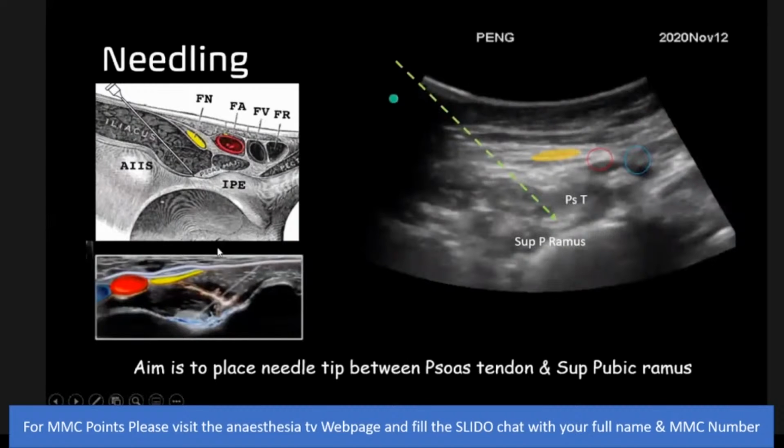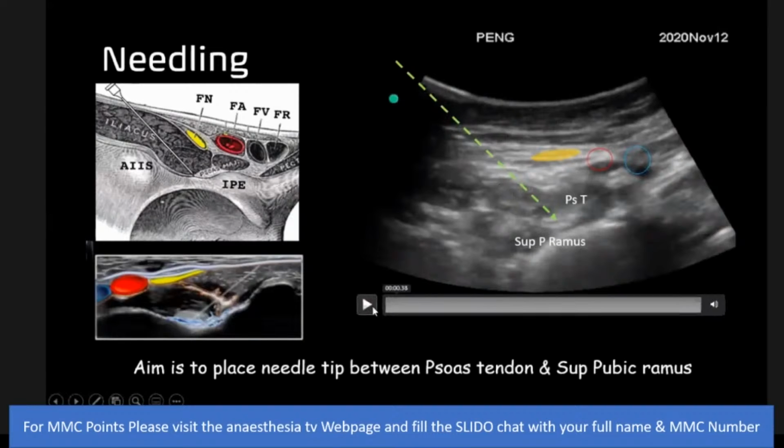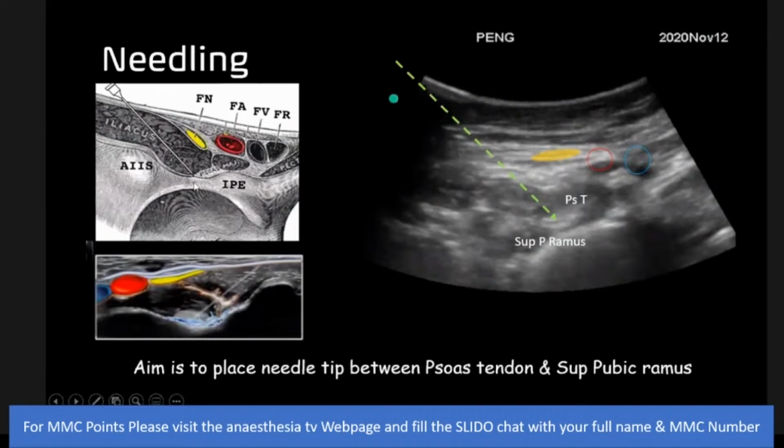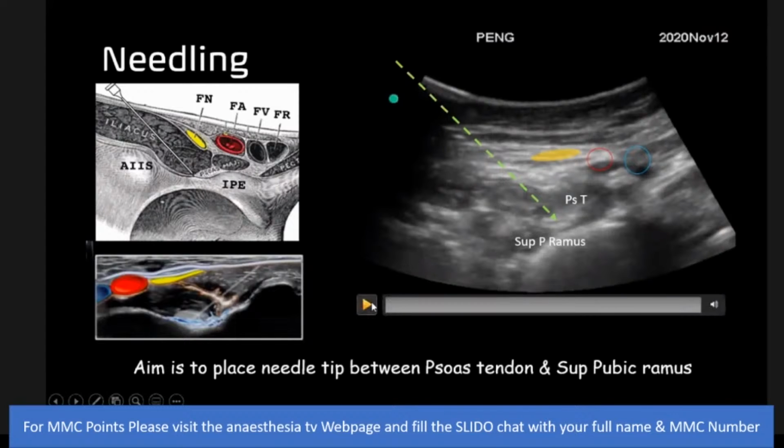Needle trajectory should be carefully planned from lateral to medial, in plane, so as to place the needle tip in the area over the iliopubic ramus, just lateral to the psoas tendon.